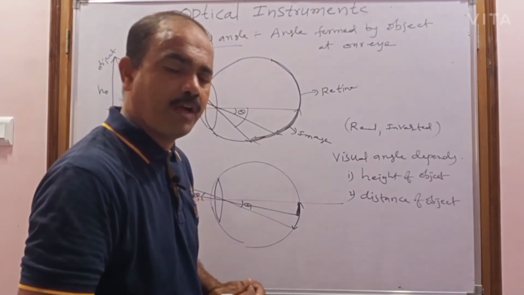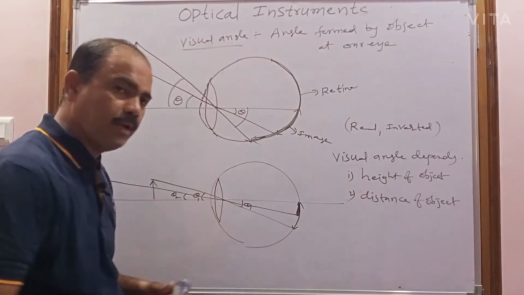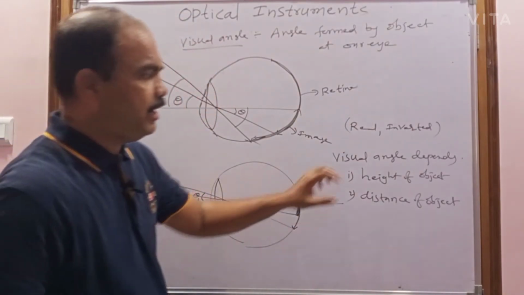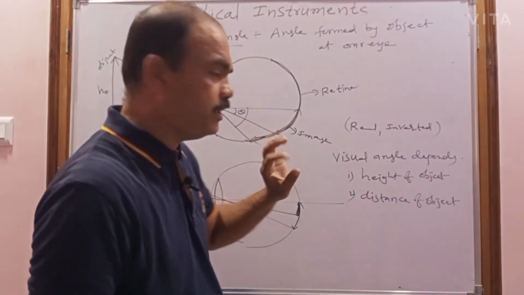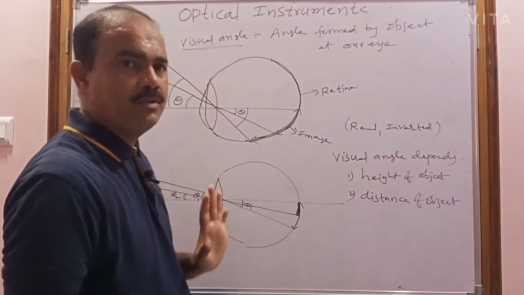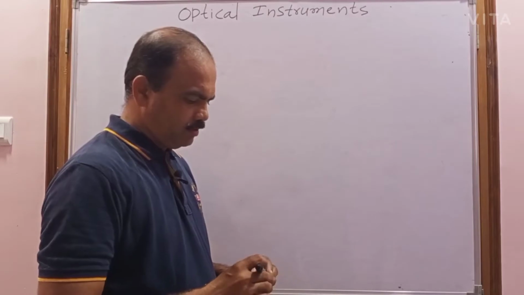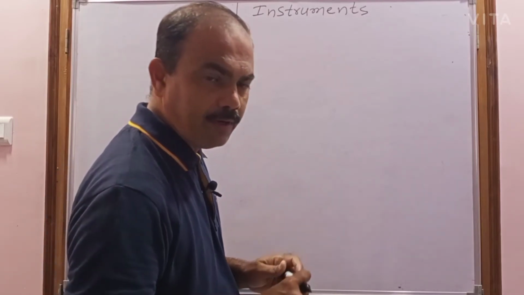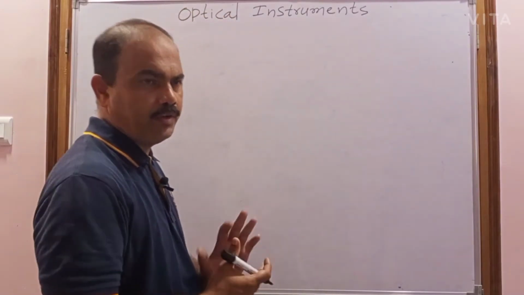When the distance of the object changes, the visual angle changes, and when the height of the object changes, the visual angle also changes. I am going to explain how the visual angle depends upon the distance of the object.